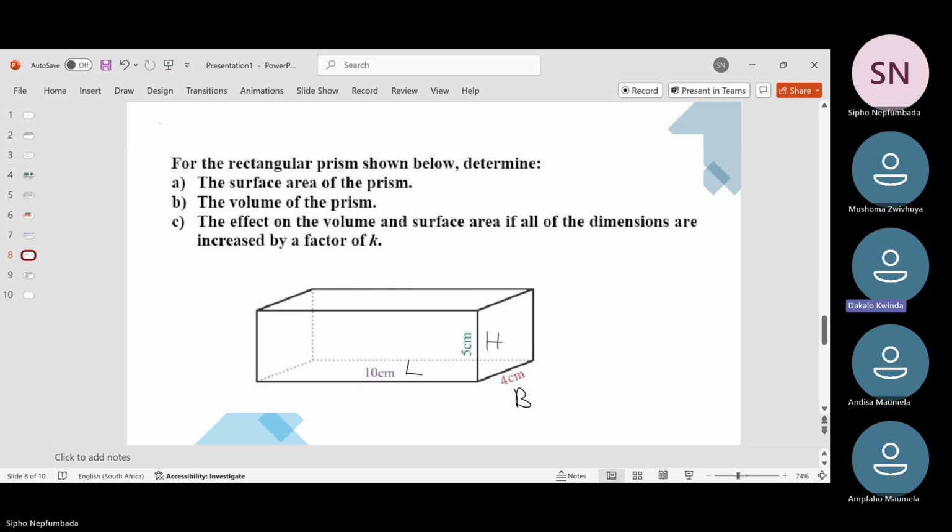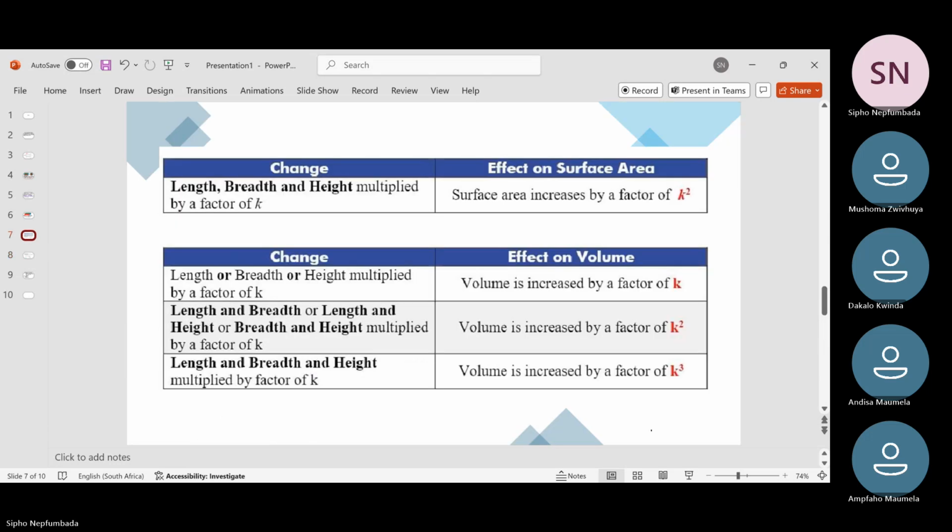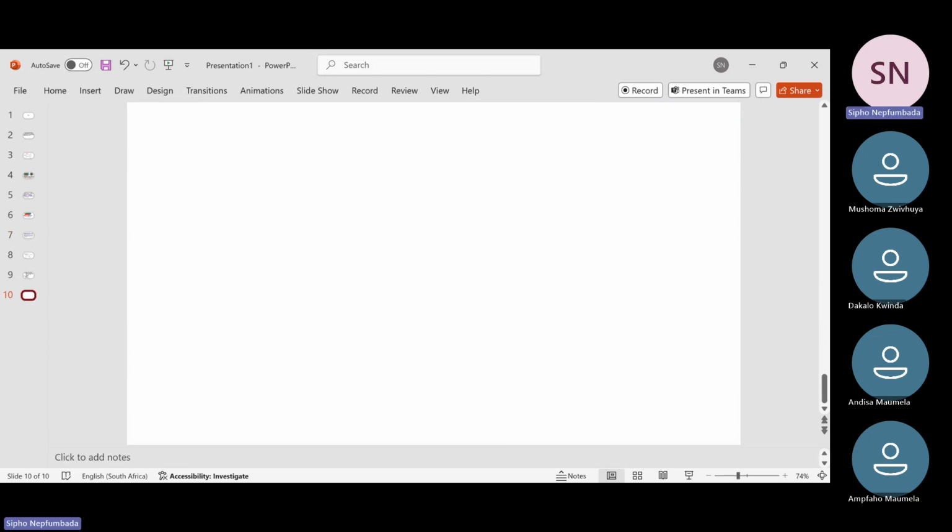The effect on the volume and surface area if all of the dimensions are increased by a factor of k. Do you see that effect thing in this table? It simply means that if all the dimensions are multiplied by a factor of k, are we good?